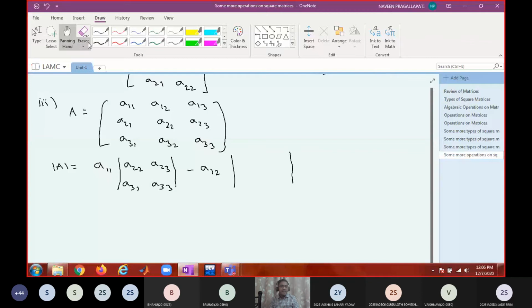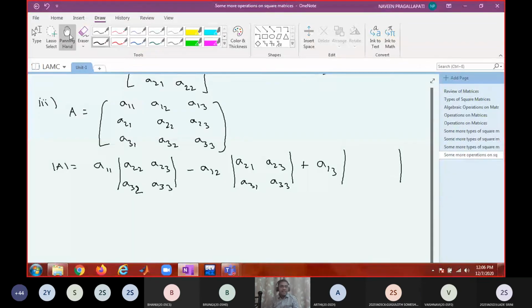Then the resultant submatrix is going to be A21, A23, A31, A33. Then next is A13.